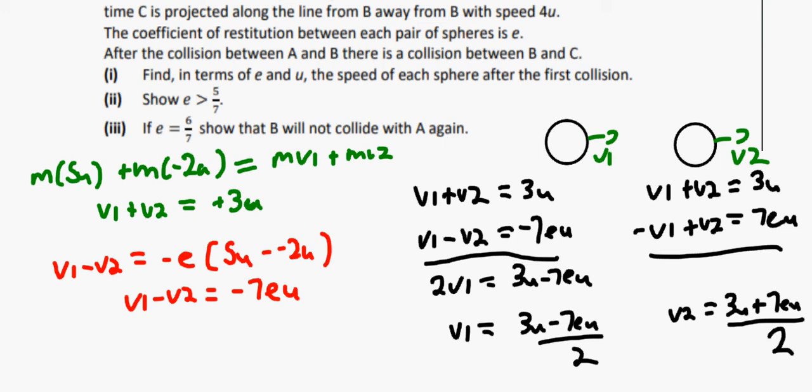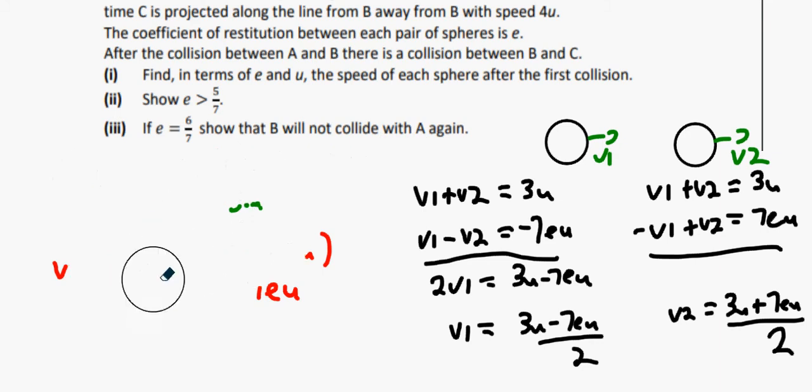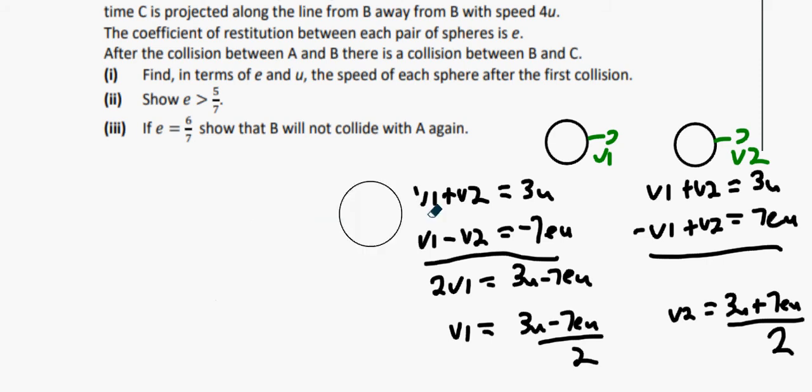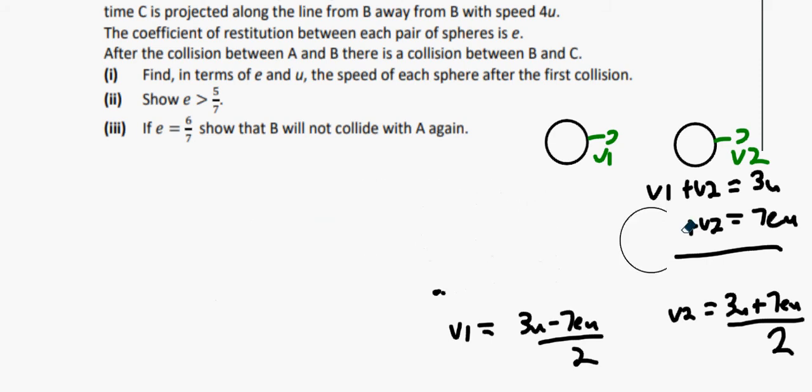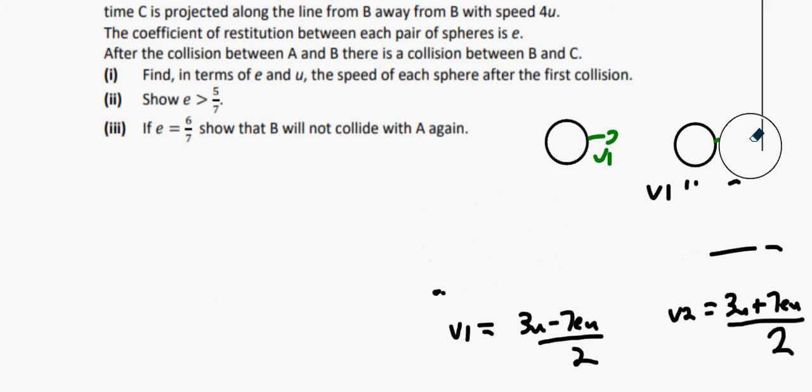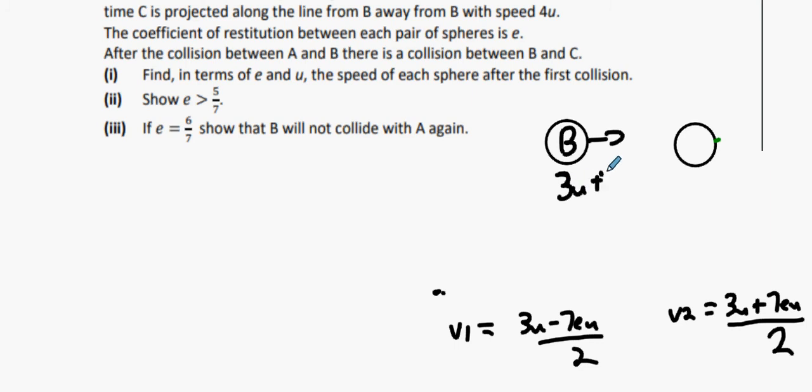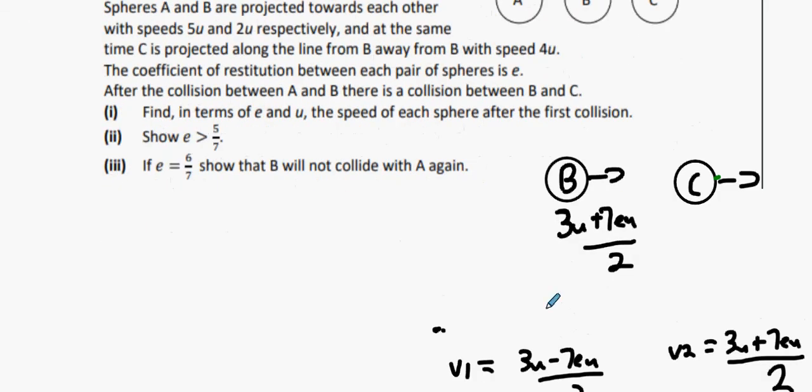So I'm going to rub out everything on the board, and I'm going to go for the second collision now. This collision is going to be between B and C. B is going to the right with (3U plus 7EU) over 2, and C is going to the right with 4U.